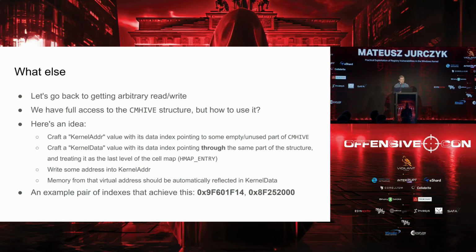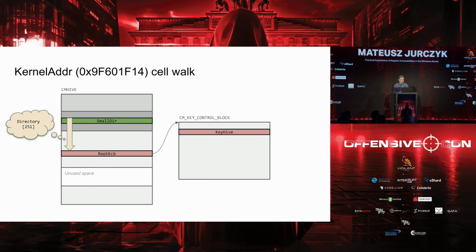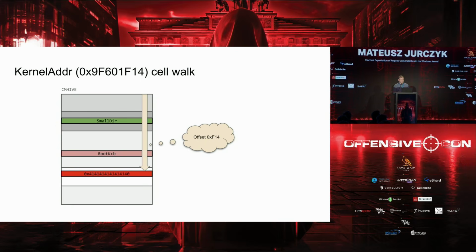And as you can guess, it is possible to do something like this. Here you can see a pair of two indexes that are an example of how to achieve it. Another visualization of this is as follows. For the kernel address, we again go through the root KCB pointer, through the key hive pointer, and then we set an offset of F14, which points to some unused part of the structure in my experimentation, and we write some address like 41414141 to that place.